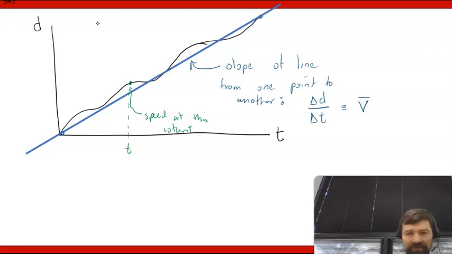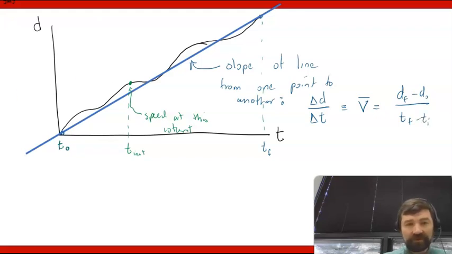Maybe we'll call it t inst, as opposed to t initial and t final. So this would be t final, this would be t initial, and the average speed would be d final minus d initial divided by t final minus t initial. Okay, now I want to get the speed at this instant in time.